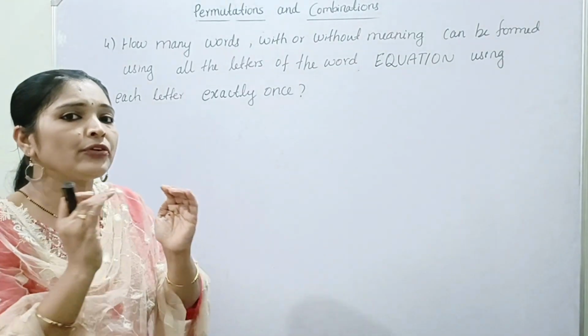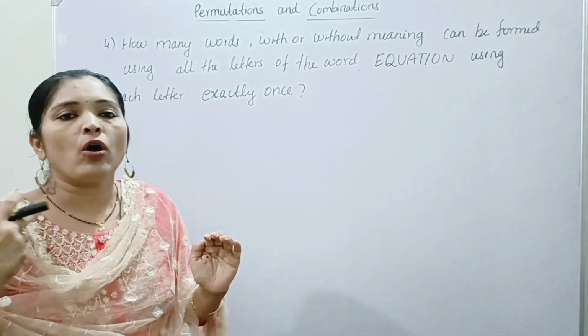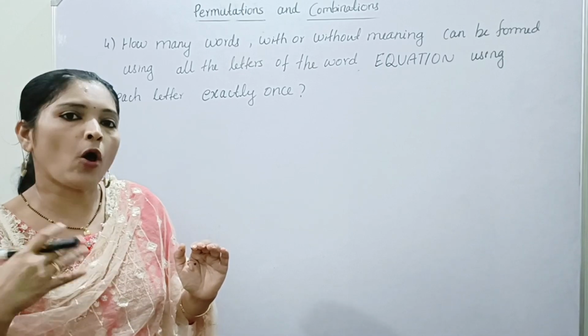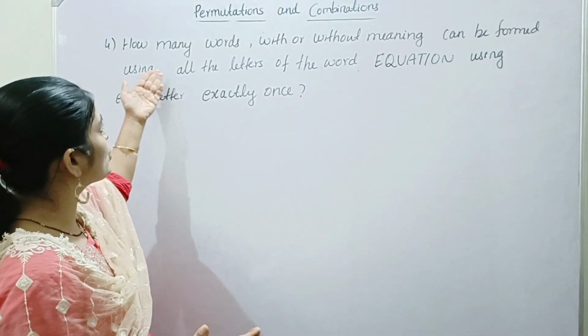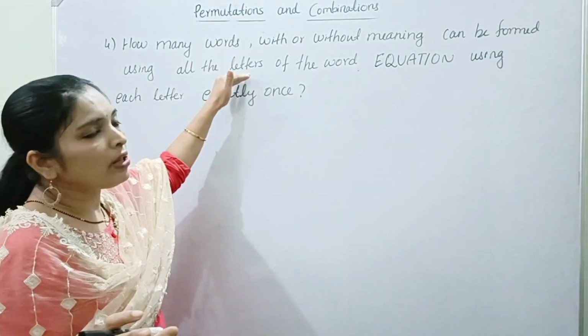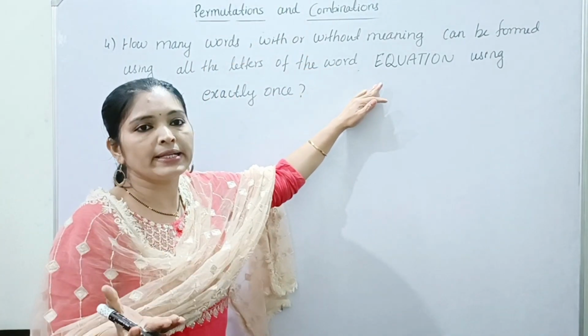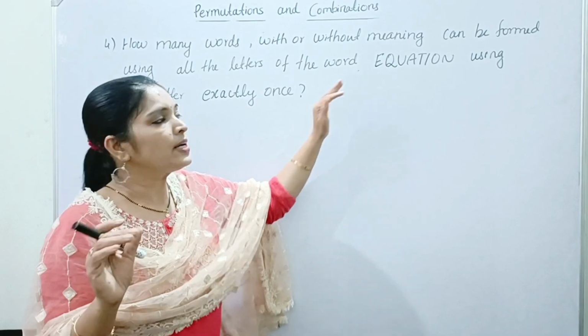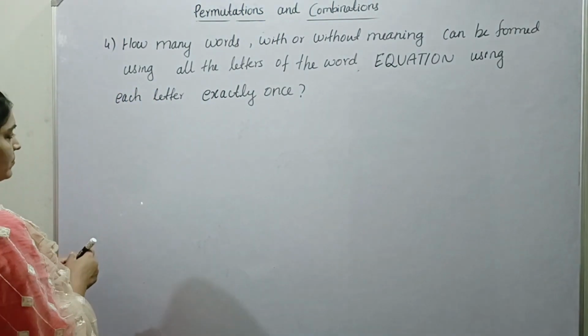So here n different objects taken all at a time, isn't it? Why? Because it is given using all the letters. We have to form the word using all the letters of the word, and all the letters means 8 letters, right? So what is the formula?